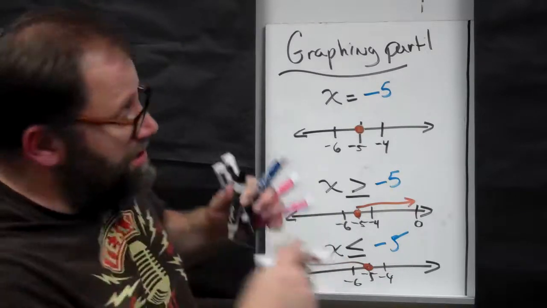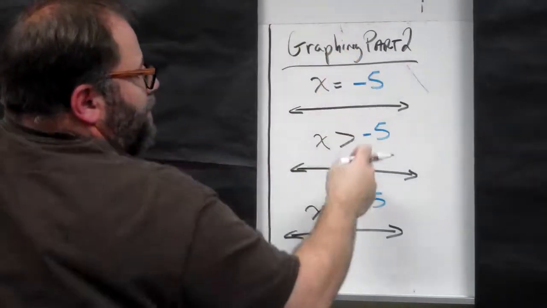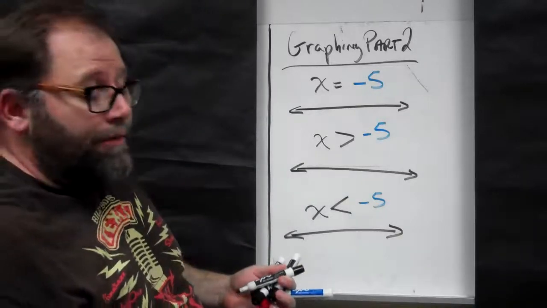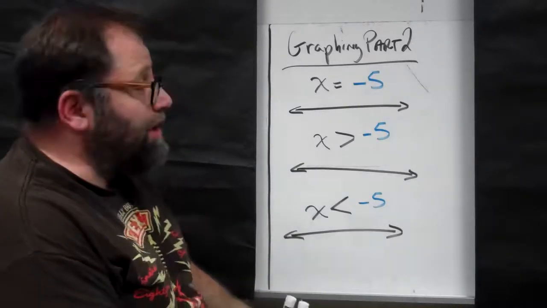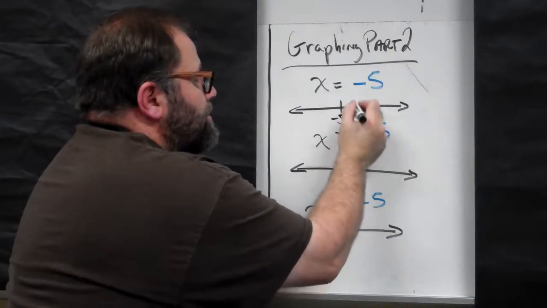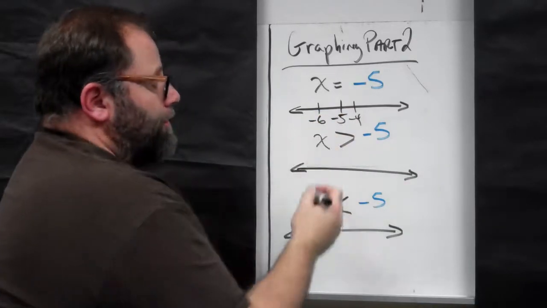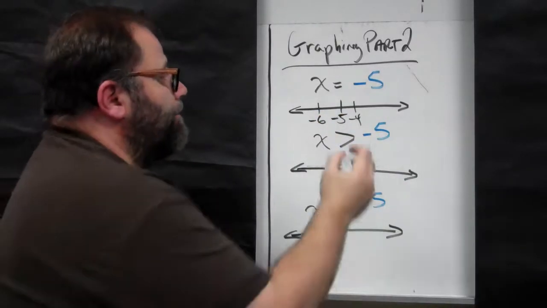Okay, now here's the next part of this. What if we don't have that equals to sign? Let's start back at the beginning here. Here we have equals to, which I'm going to put in my 3 numbers, one before, one after. Then I'm going to plot my point.